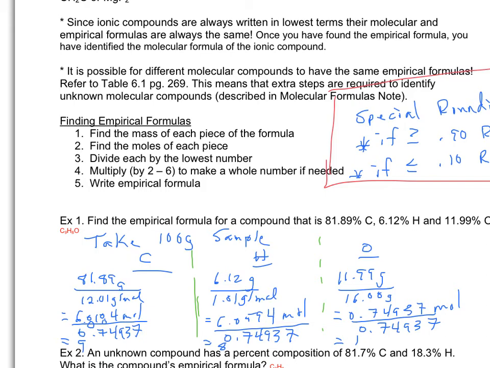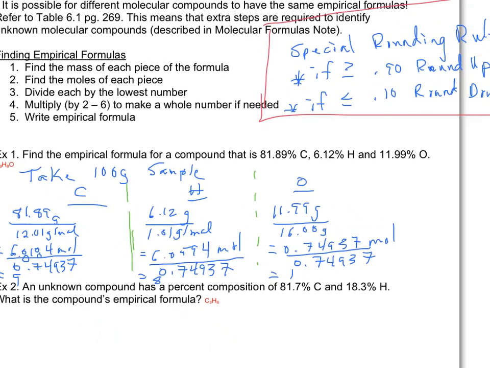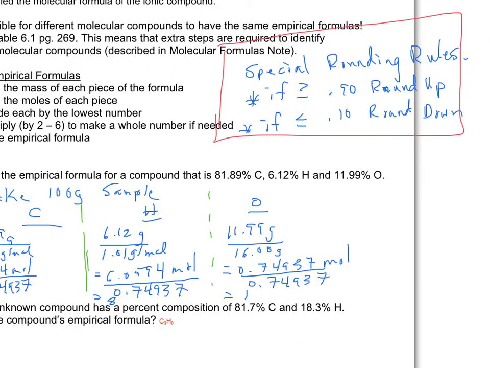Finally, now that I have my whole number ratio, I can write my empirical formula. I have 9 carbons, so C9. I have 8 hydrogens, so H8, and 1 oxygen. I usually include placing a 1 beside any single element.